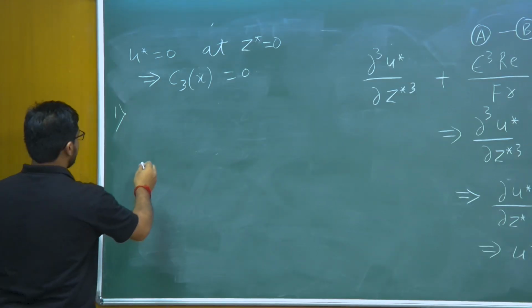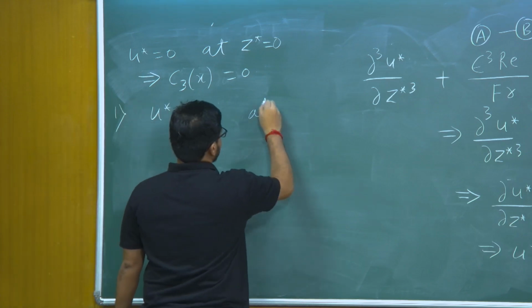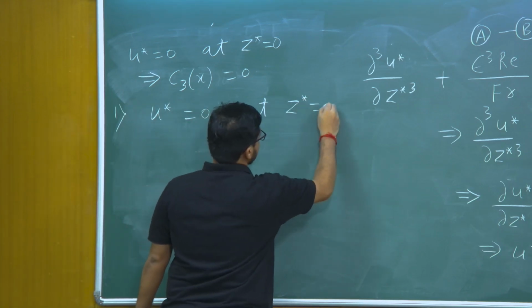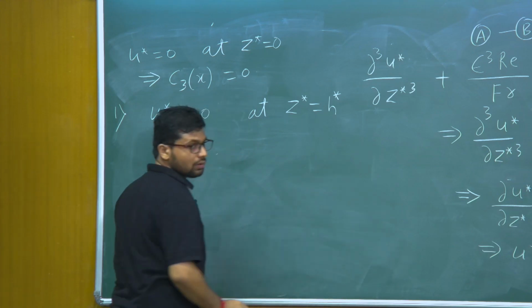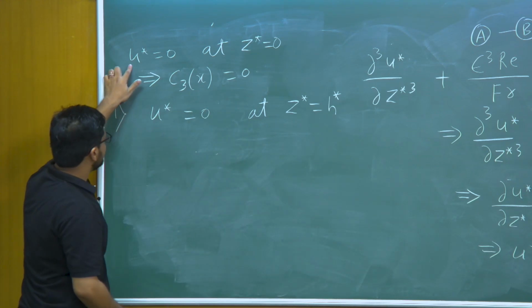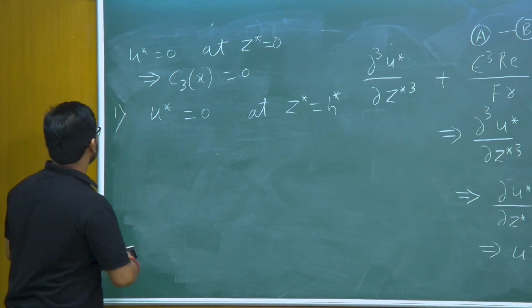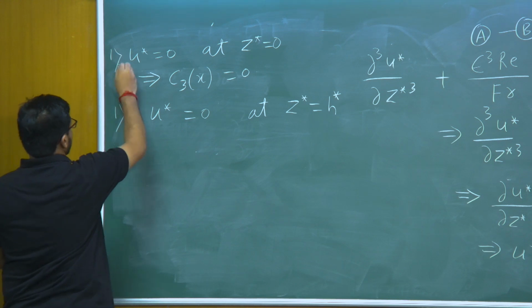So, on the upper surface we have u* equal to 0 at z* equal to h*. The first boundary condition was no slip on the iris surface, and this second one is no slip on the corneal surface.